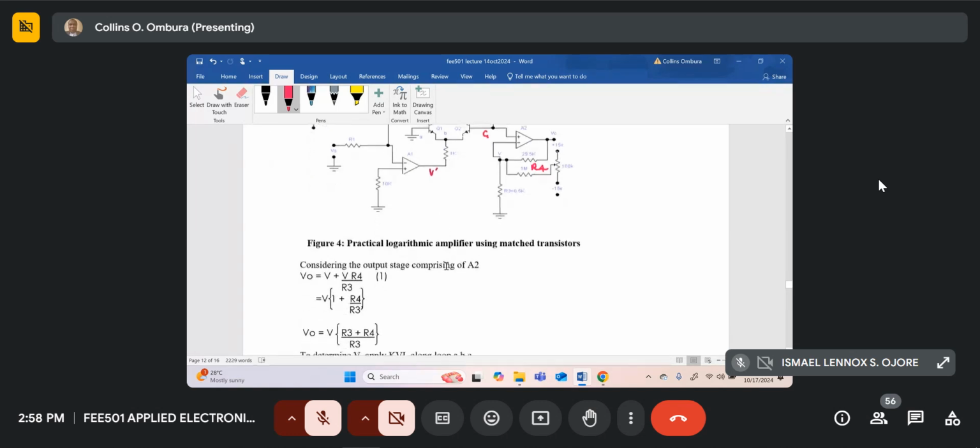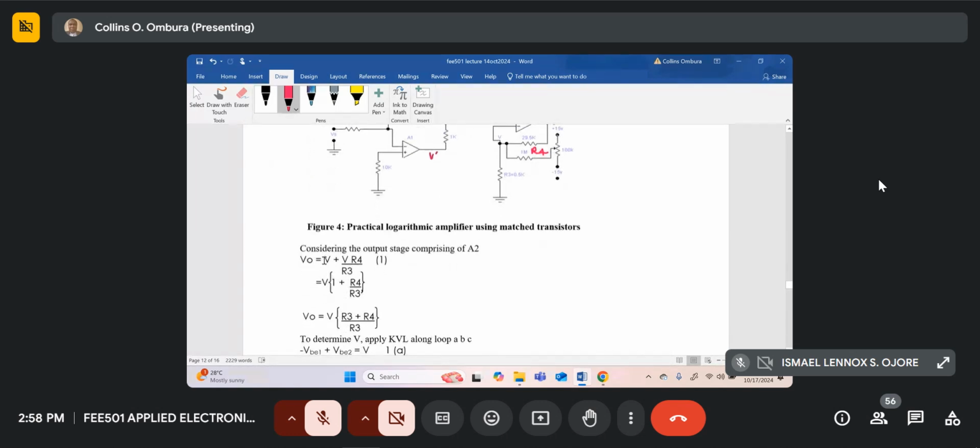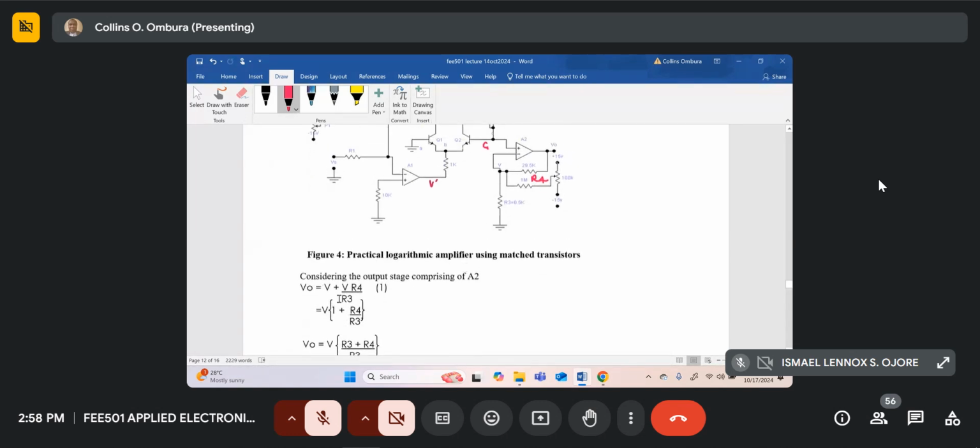The current that passes through R3 is V divided by R3, and the same current passes through the feedback resistance R4.